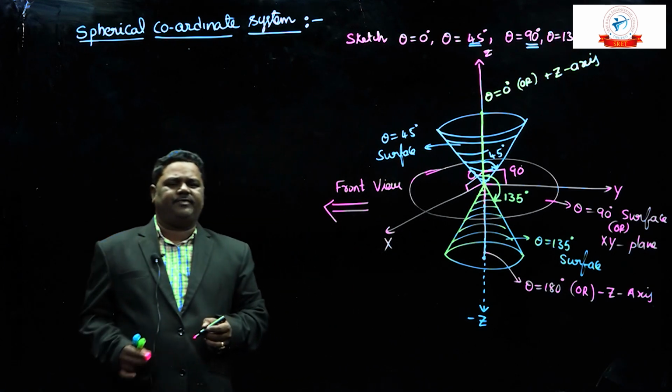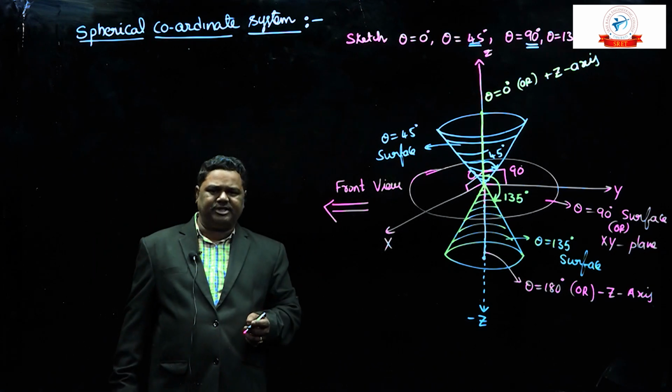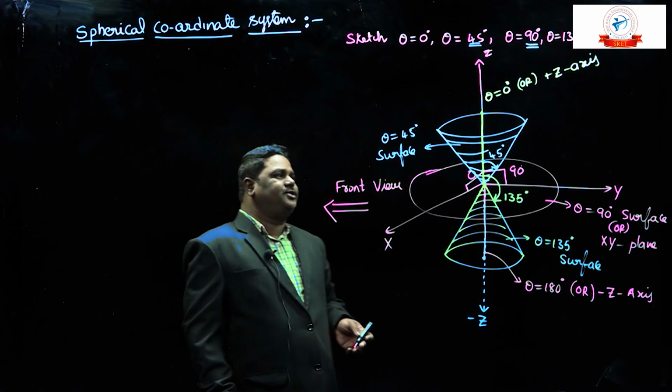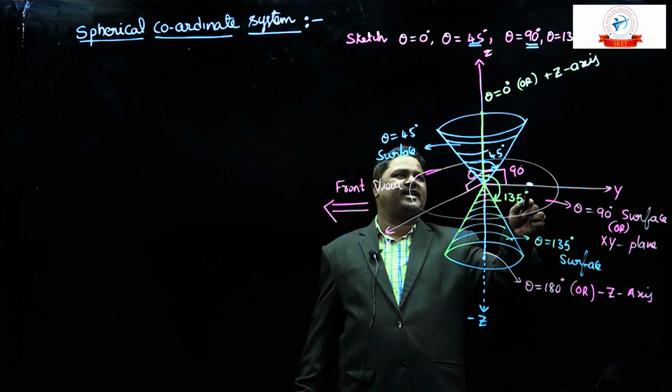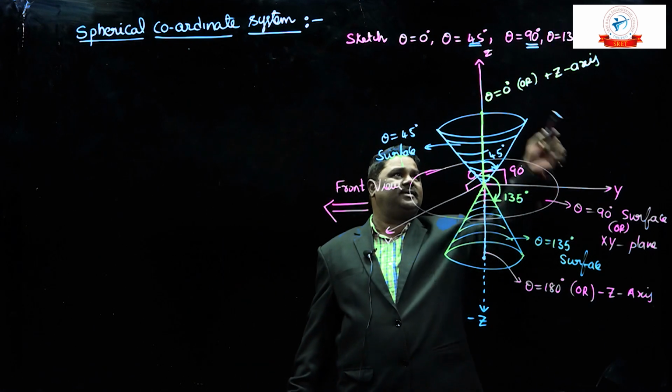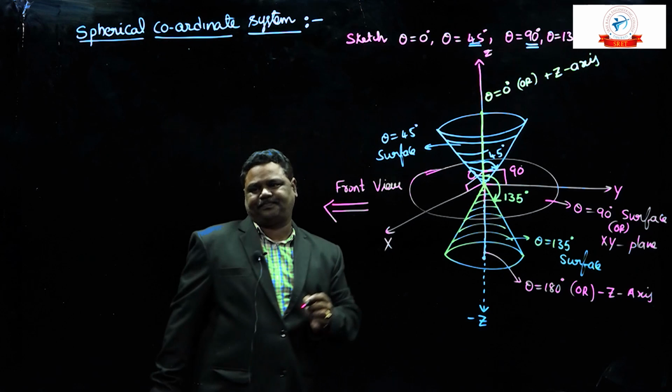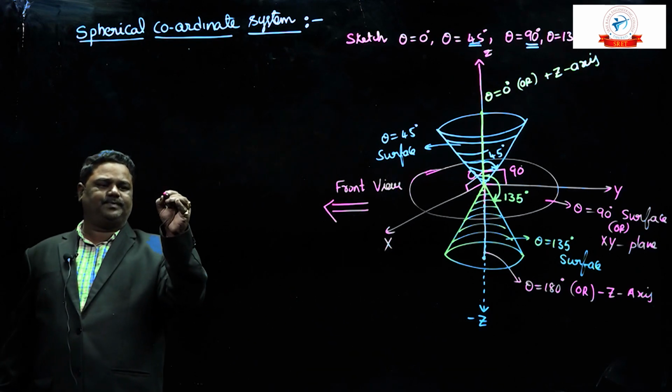First of all, let us see what the front view of this coordinate axis is. In the front view, you can observe the YZ plane.